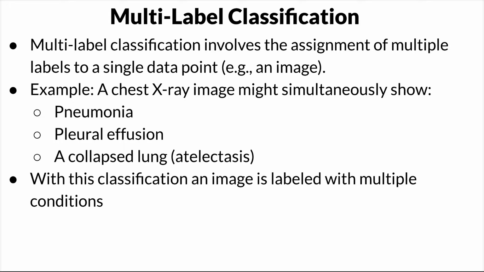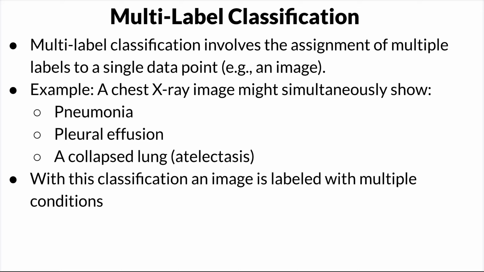The same analogy can also be applied in medical imaging. Here you have a chest X-ray. We assume this one is pneumonia, but we can also talk about pleural effusion and a collapsed lung.